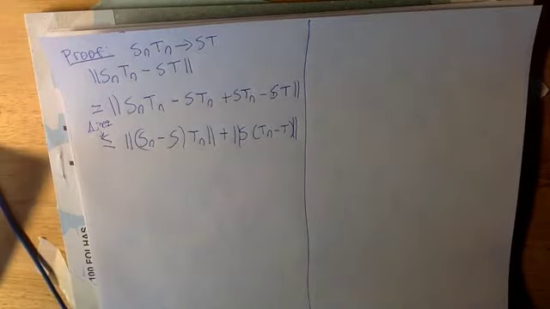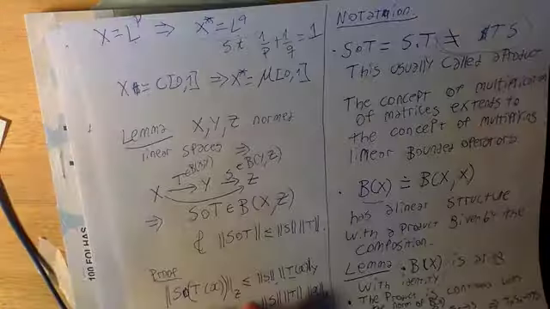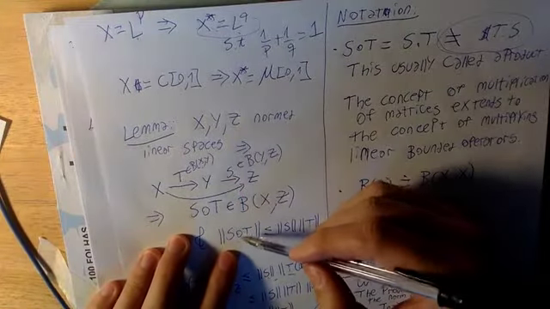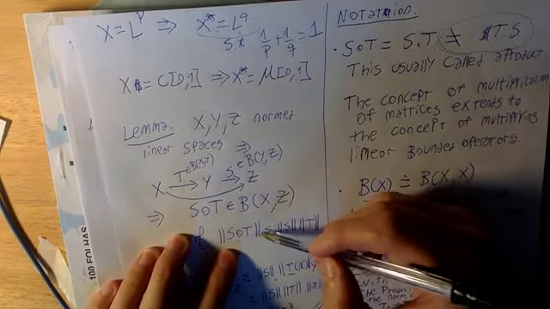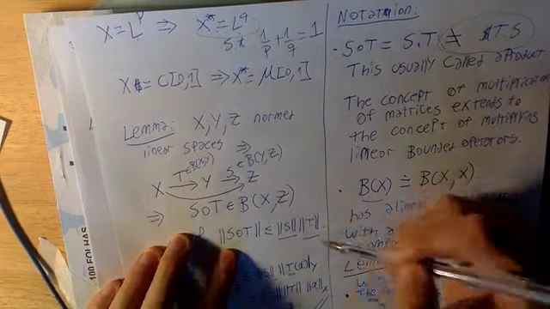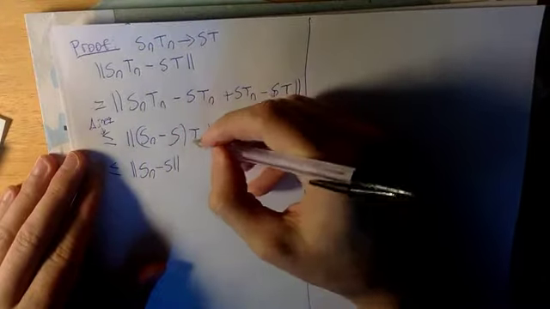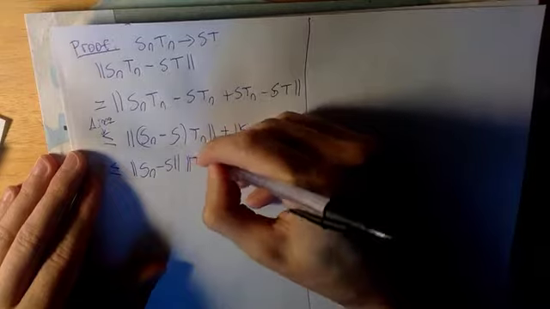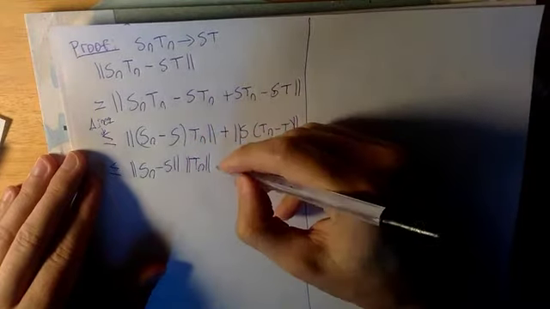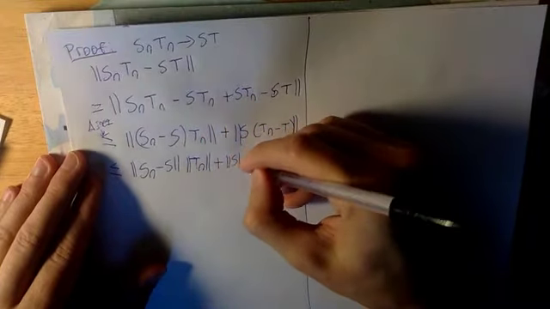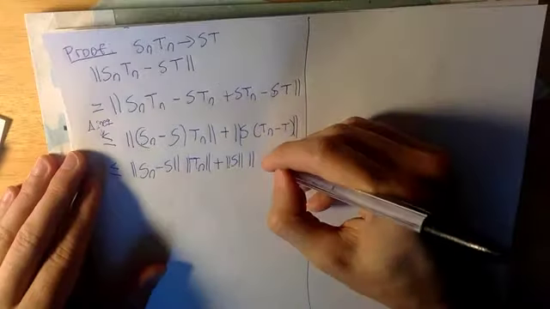Now the next thing that we are going to do is use the lemma over here to say that the norm of the composition is less or equal than the product of the norms. So this thing here is less or equal than the norm of Sn minus S times the norm of Tn plus the norm of S times the norm of Tn minus T.